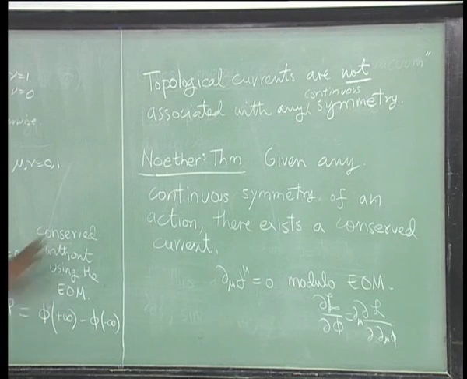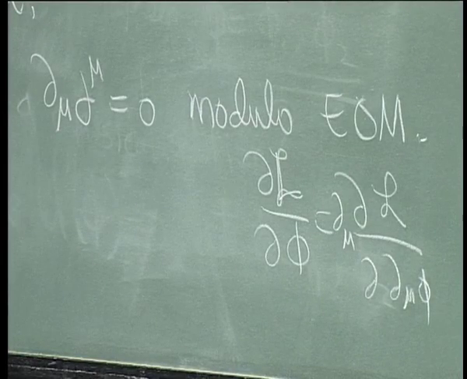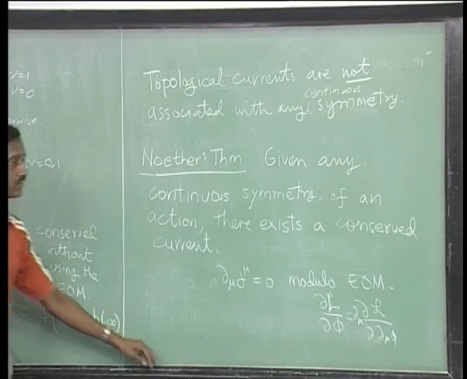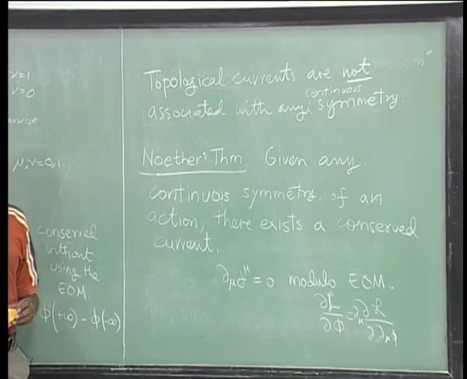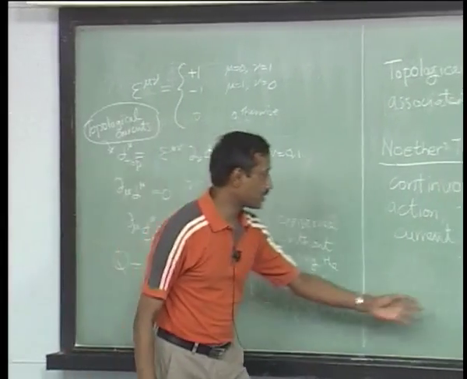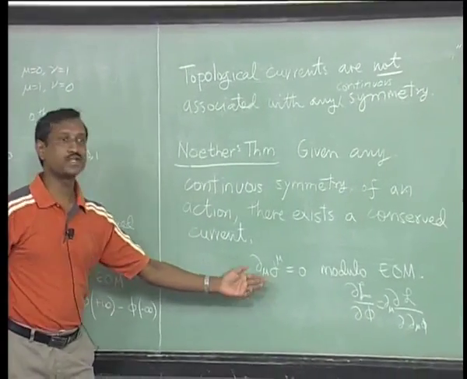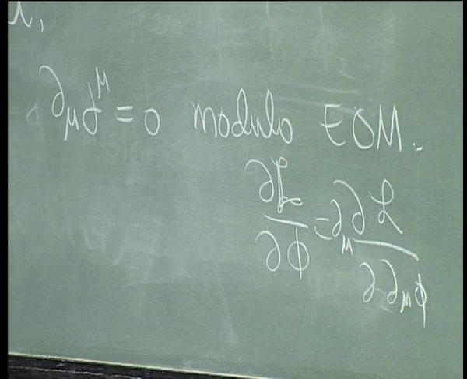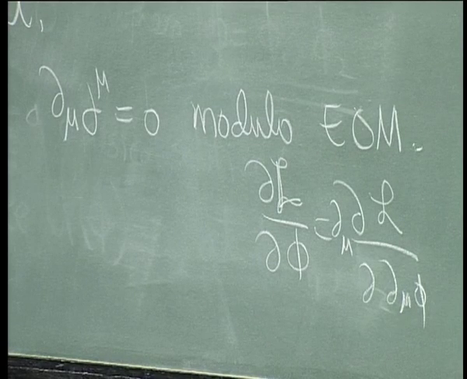This is something which we will prove in increasing generality in this course, but right now we will just use this to prove that there exists a current for translation in space and time, which we will call energy and momenta, the conserved charges.